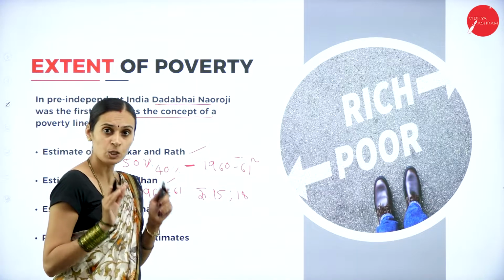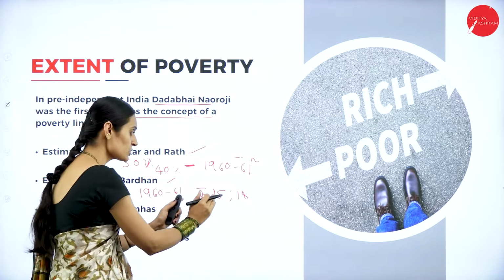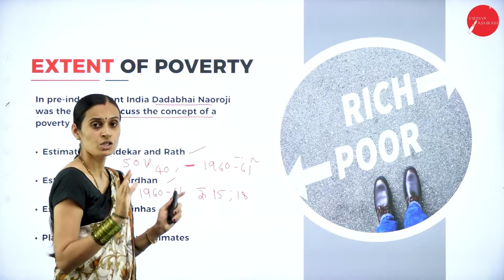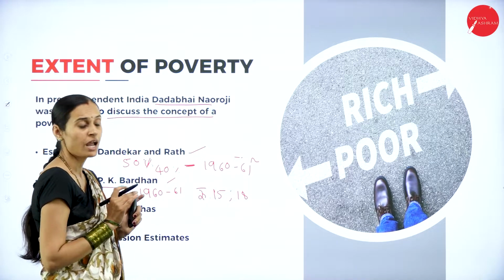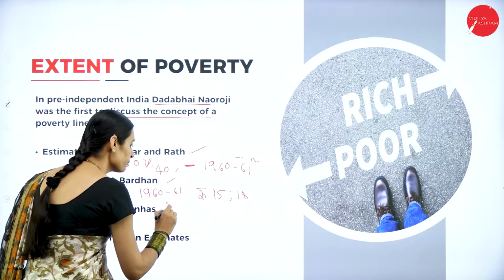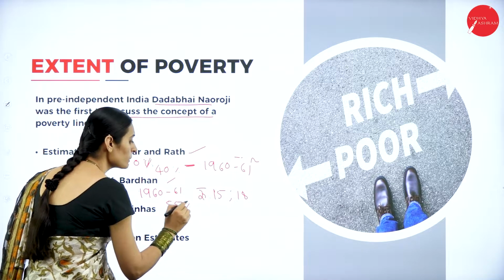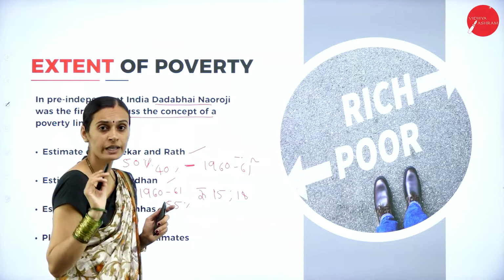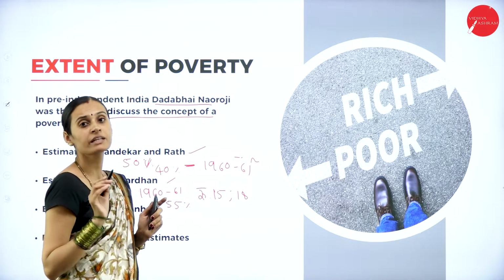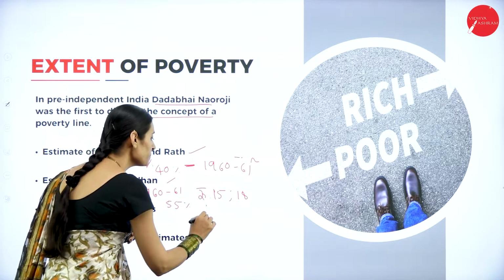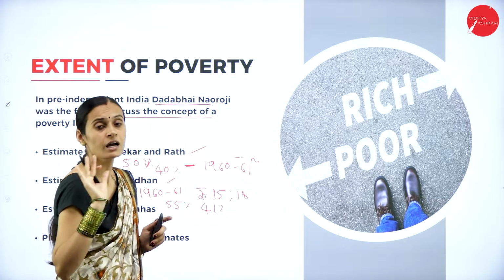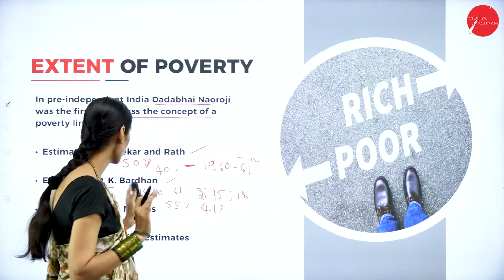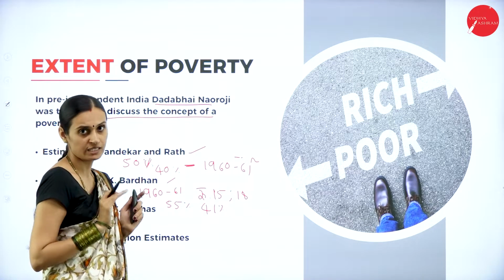If it is not possible to meet this many rupees per month, that position is called poverty according to this estimate. 55% of the total population in rural areas came under the poverty line and 41% in urban areas, according to P.K. Bardhan's estimates.